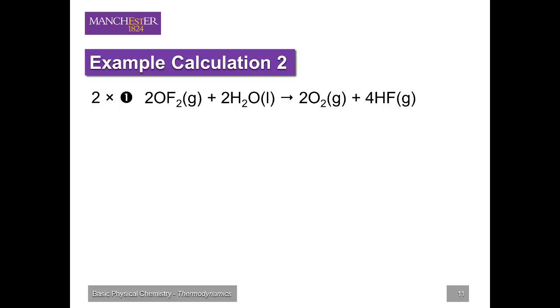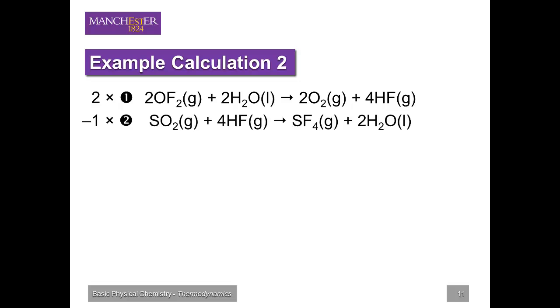So I've written out double reaction 1. I've written reaction 2 backwards. That basically simulates the -1, so I've written the products on the reactant side and the reactants on the product side. And equation 3, I've also multiplied the coefficients by 2.